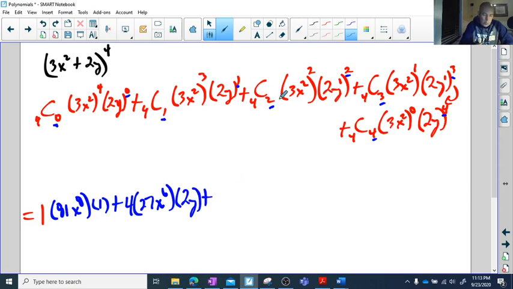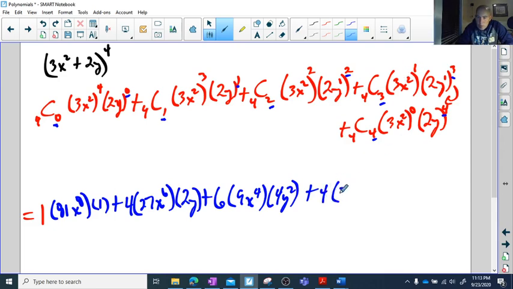So 4 choose 2 is equal to 6. That's this number. 3x squared squared would be 9x to the 4th. And then 2y squared would be 4y squared. 4 choose 3. 4 choose 3 on my calculator tells me that that's 4.